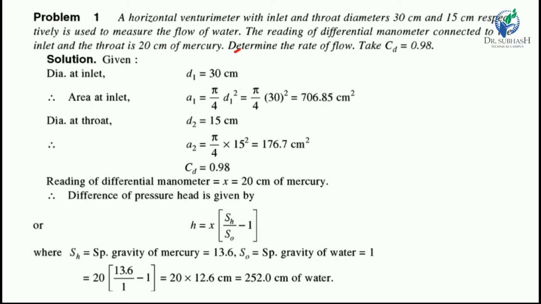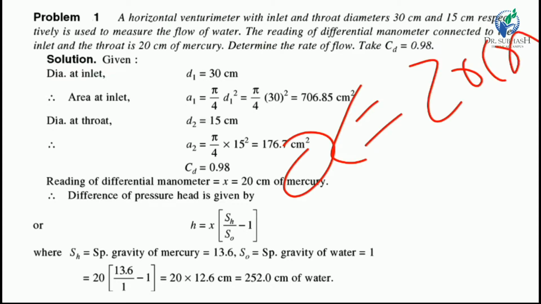The reading of the differential manometer connected to the inlet and the throat is 20 centimeter of mercury. Here a U-tube differential manometer is used and the manometer reading is defined by x. The x value is 20 centimeter.